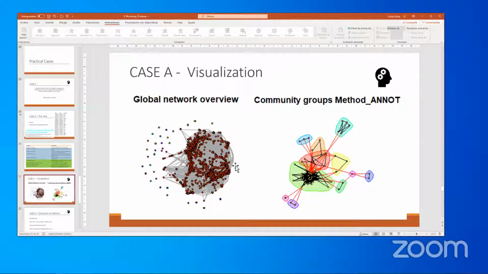In the first one, we can see which kind of method is bringing more information to our project. And we can also choose one method and see how it is interacting within it. So how these proteins behave and which conclusions we are obtaining from the individual method.